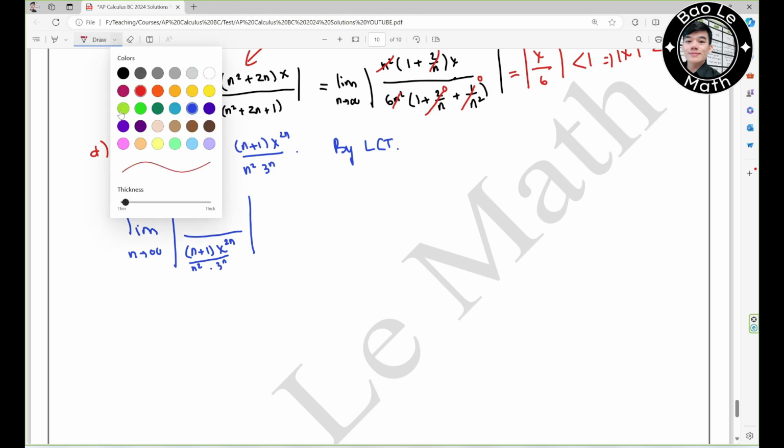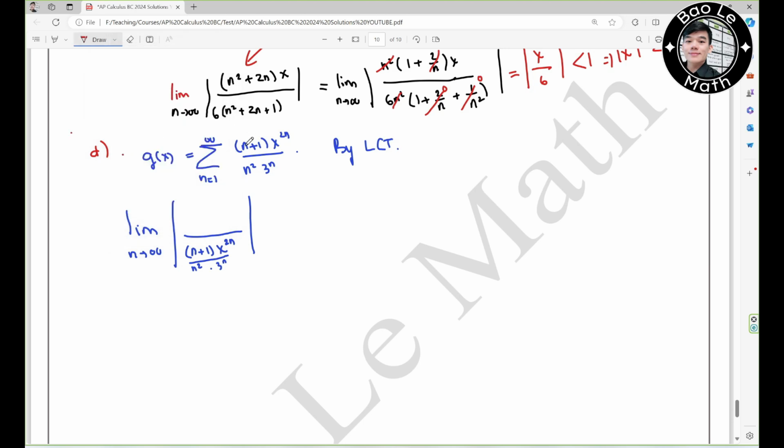So n plus 1 over here, plus 1, is going to be n plus 2. This is s to the 2n plus 2. A lot of students make a mistake. You replace n with n plus 1, so it's s to the 2 times (n plus 1).